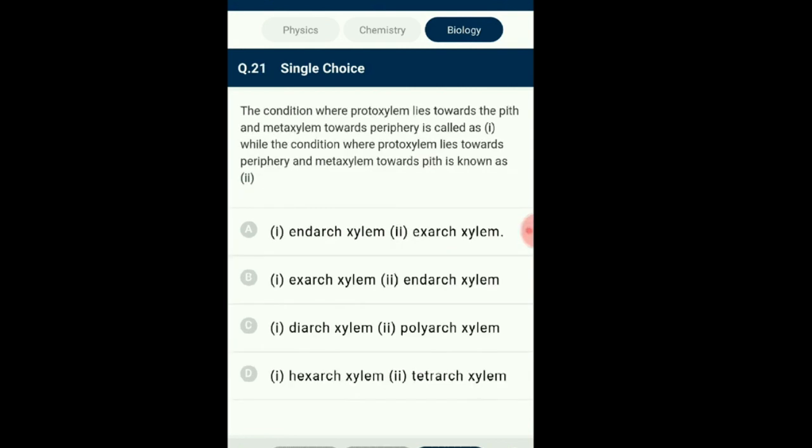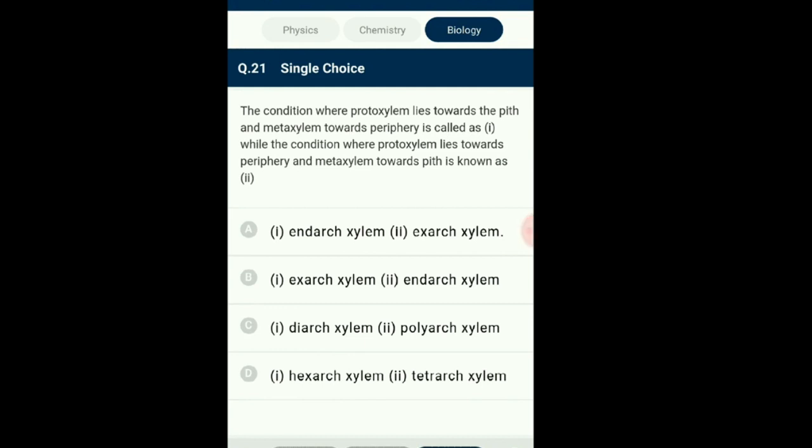Question number 21. The condition where protoxylem lies towards the pith and the metaxylem towards the periphery is called as, while the condition where protoxylem lies towards the periphery and the metaxylem towards the pith is known as. The primary xylem tissue is of two types, protoxylem and metaxylem. The protoxylem is formed first and the metaxylem is formed later.